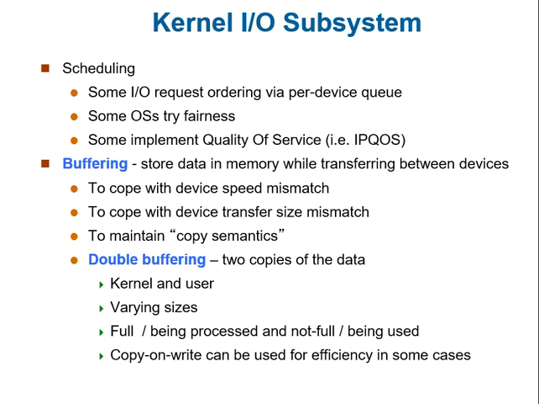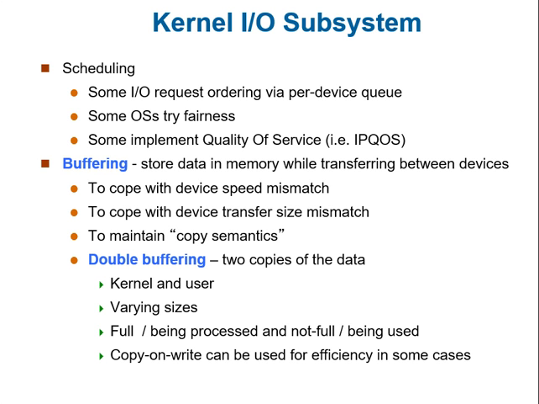Another function of the kernel I/O subsystem is buffering, which is responsible for storing data in memory while transferring between devices. This buffering is to cope with device speed mismatch. Sometimes when we transfer data, the transfer is at a lower speed compared to, for example, memory to disk.